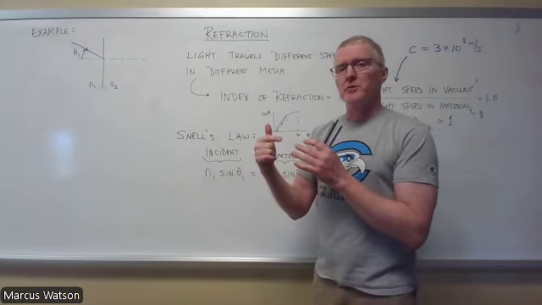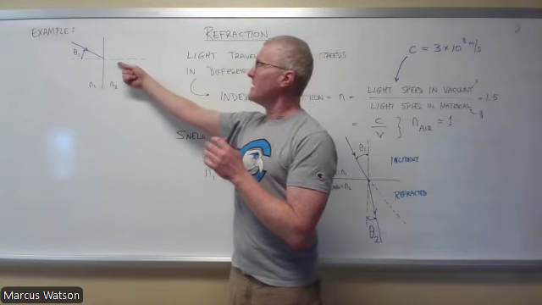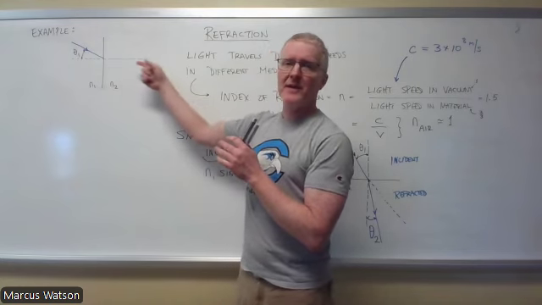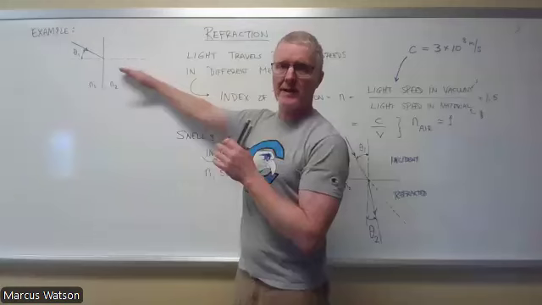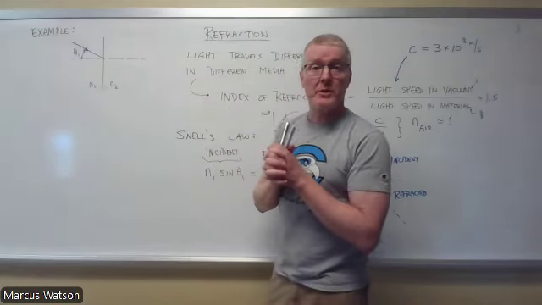If I then measure the refracted angle out here, and I look and see what's the angle theta 2 over here in N2, and suppose that angle was 30 degrees. What if theta 1 was equal to theta 2?